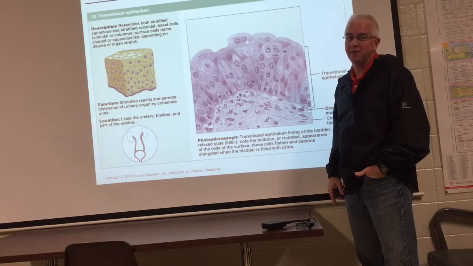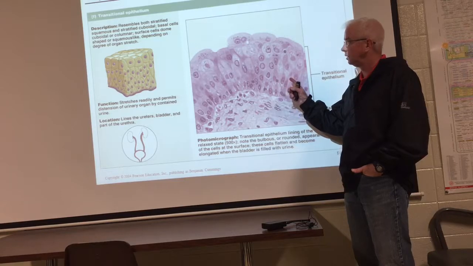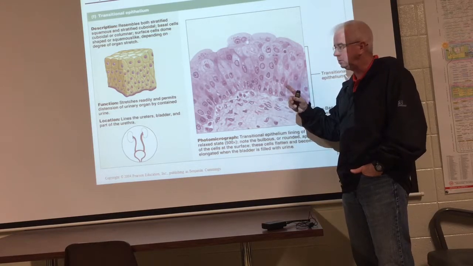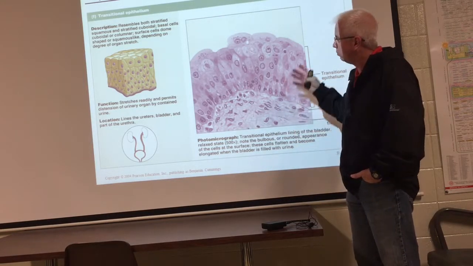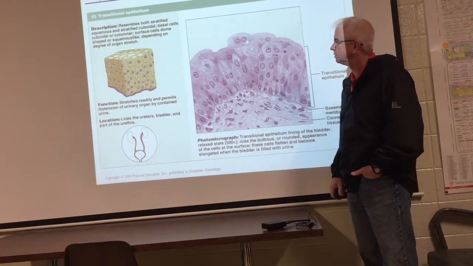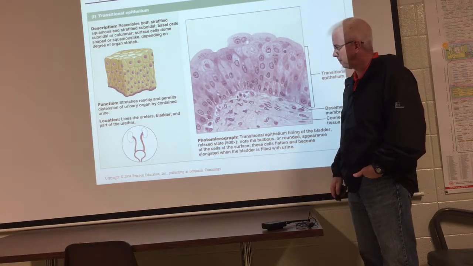Now, that's a cop-out. That's an anatomical cop-out on name. I don't know what to call it. It's a transitional. It is an important tissue, and we'll see it in the urinary system, lining the bladder and the ureters and the urethra. Transitional epithelium.